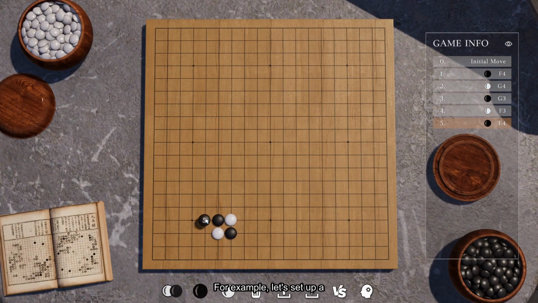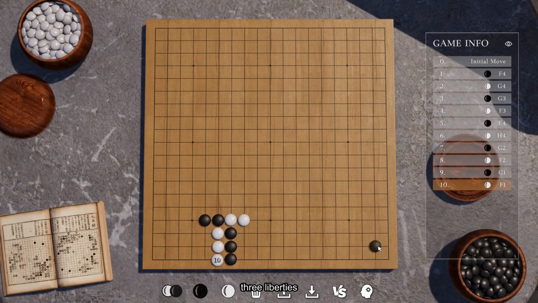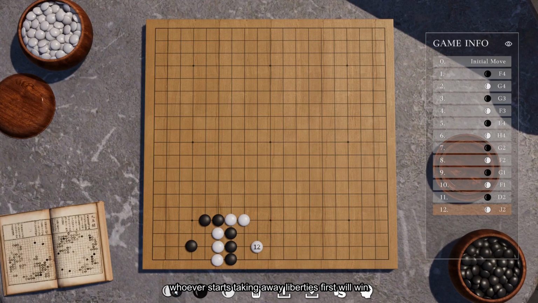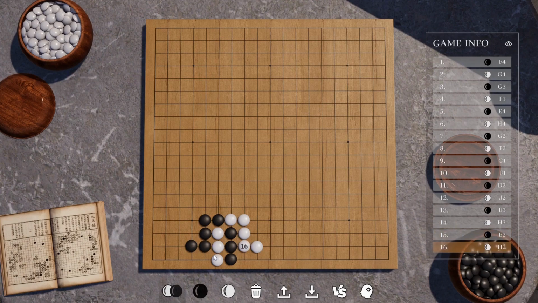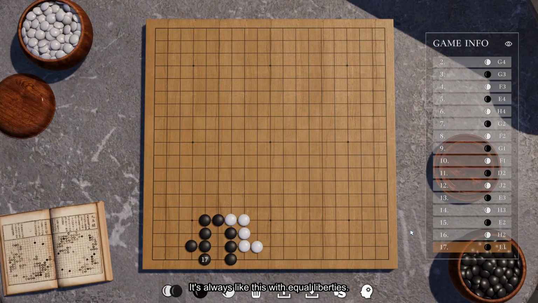For example, let's set up 3 liberties versus 3 liberties. Well, the rule is completely identical. Whoever starts taking away liberties first will win. Right. It is always like this, with equal liberties. Okay, so this is the rule for equal liberties.